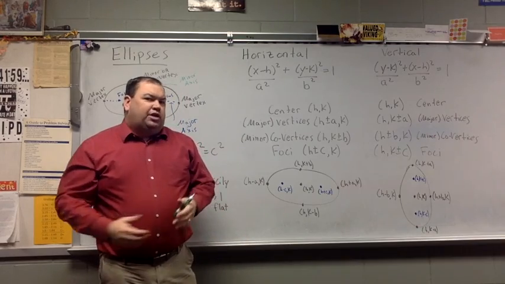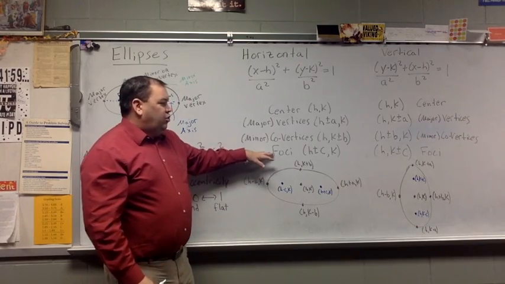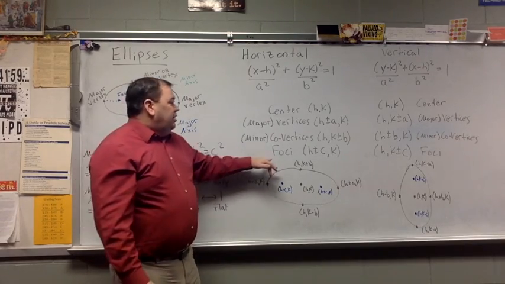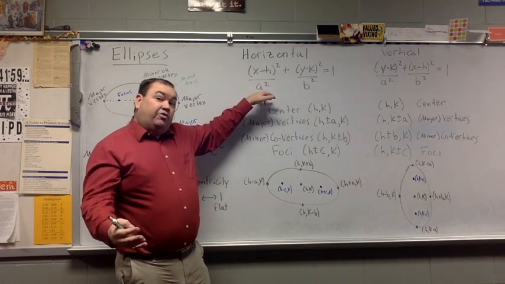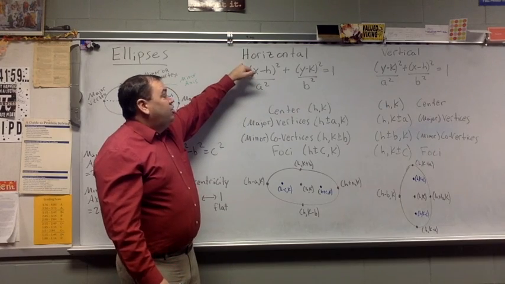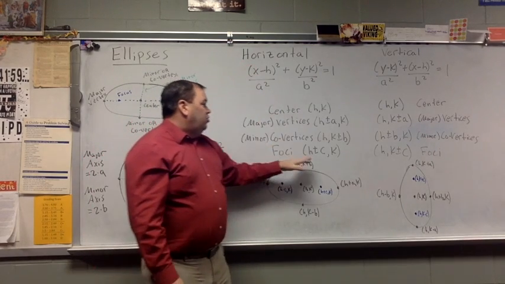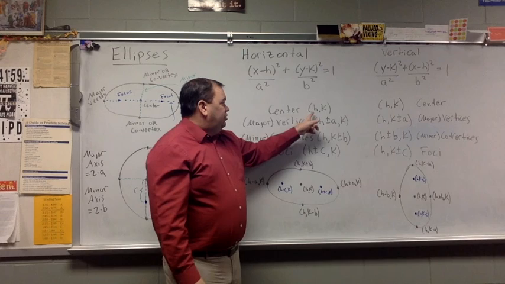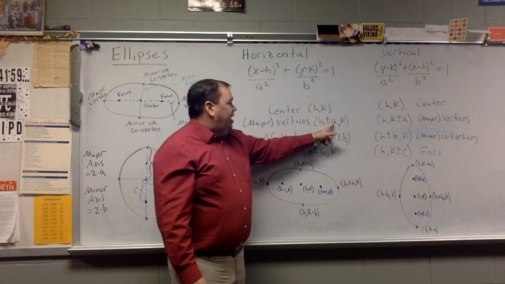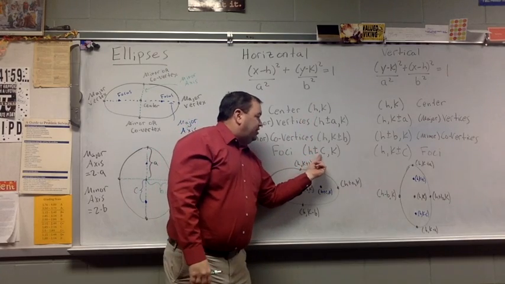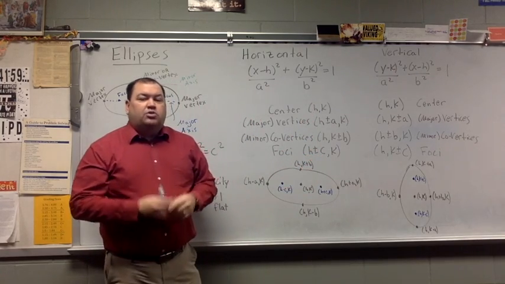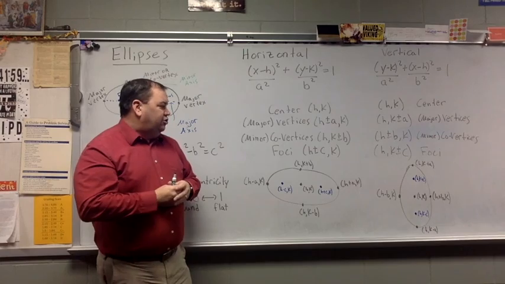The only thing we usually have to calculate has to do with the foci or the foci. Since x is the bigger one, since x is kind of running the show, since this is a horizontal ellipse, we're going to change the x portion. So now instead of adding and subtracting a like we did for the vertices, we're going to add and subtract c to get those foci. So I might have to do that calculation.